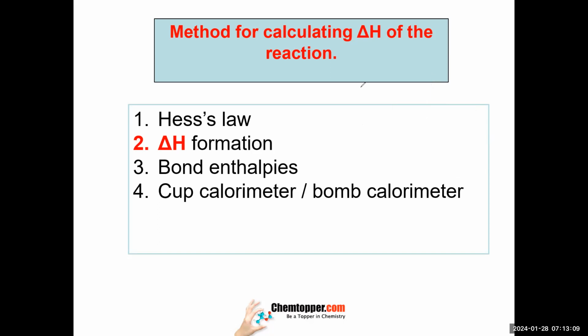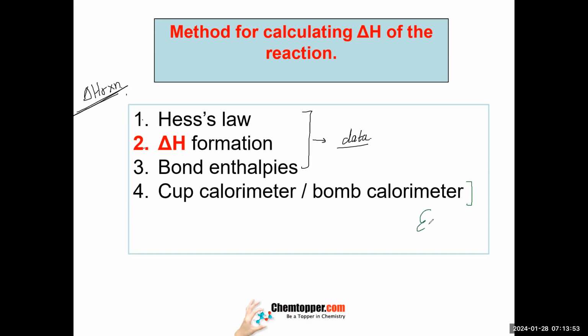But now we are on the second part of unit 6. Here you're going to learn how to calculate delta H of the reaction. What are the different ways we use to calculate delta H of the reaction? These three methods are based on data. Data will be given to you, and from that information you are calculating delta H of the reaction. These three, 1, 2, 3. But the last method is experimental.